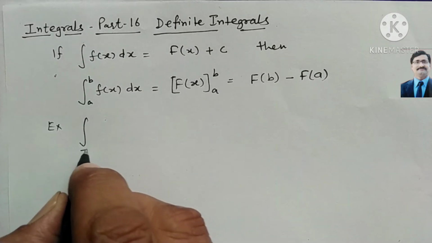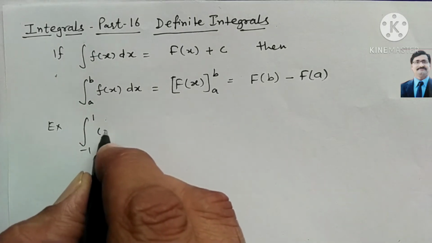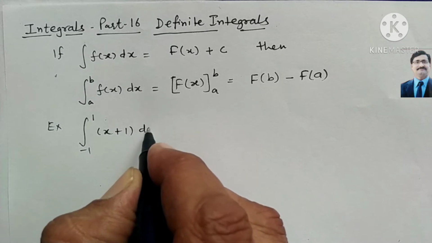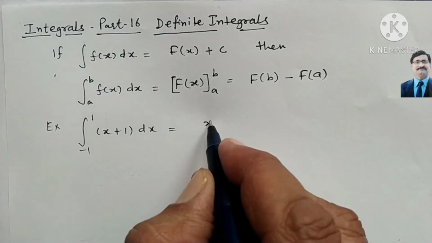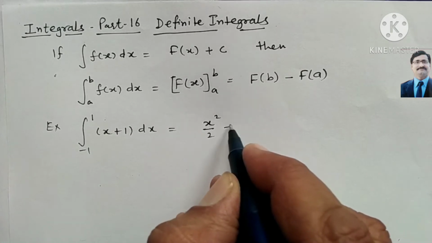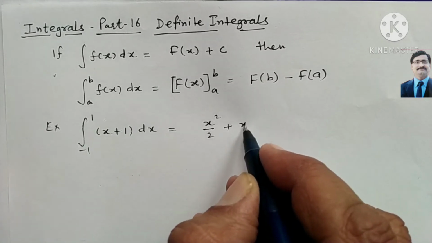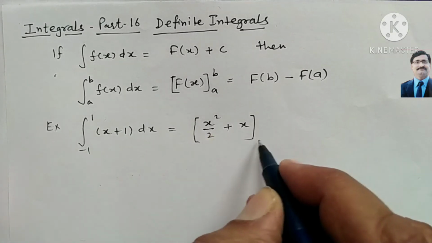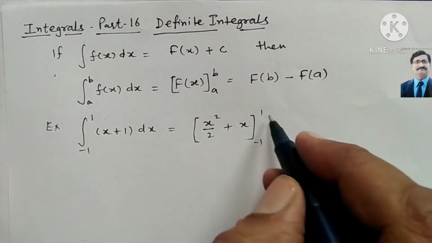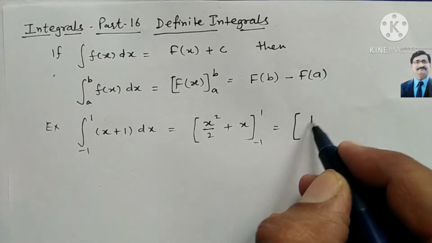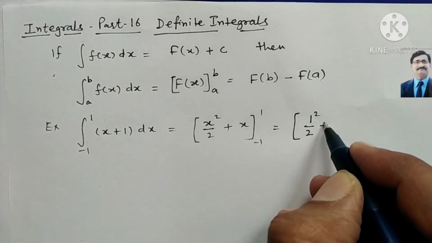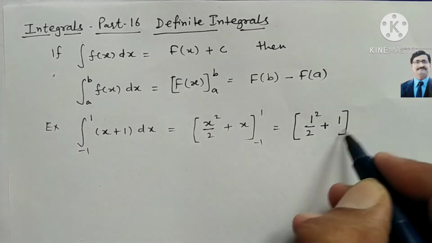We have this question: integral from minus 1 to 1 of (x plus 1) dx. Okay, so the integral of x we already know, x square upon 2, and the integral of 1 is x. And this limit we will use here, minus 1 to 1. First in place of x we put 1, so we get 1 square upon 2 plus 1.